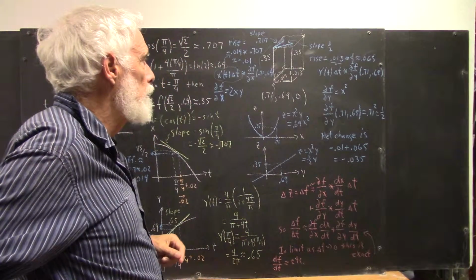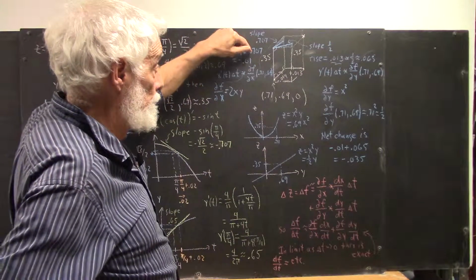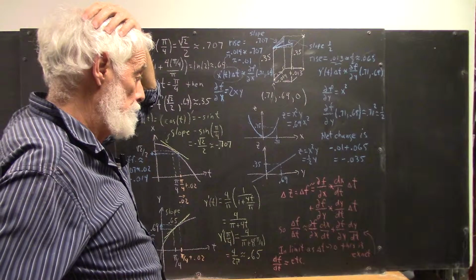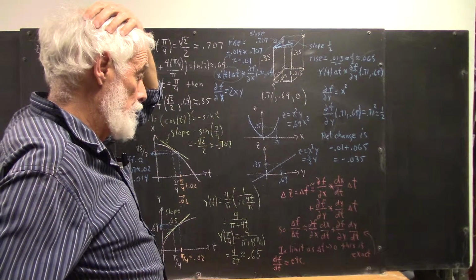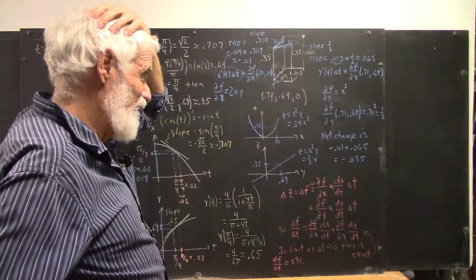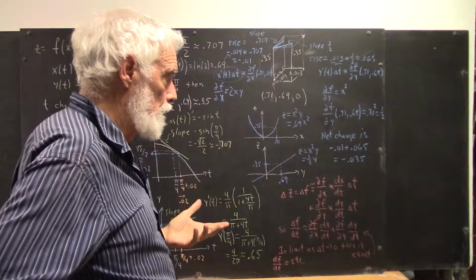And actually, it looks like maybe I've got that wrong, so recalculate that yourself. Because x is square root of 2 over 2, yeah, that slope is going to actually be closer to 1.